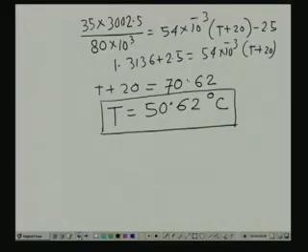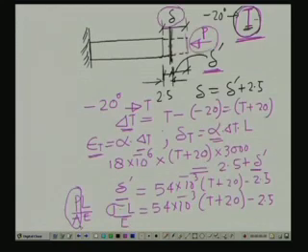So, that is the problem: if you allow the bar to undergo a change in the temperature from minus 20 to plus 50.62, the bar will be experiencing a stress of 35 MPa. But the interesting part to be noted here is that this value of T we have arrived at from the criteria where we have equated the deformation of the bar.